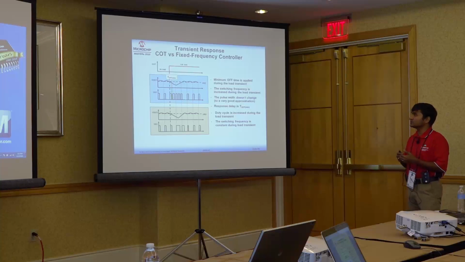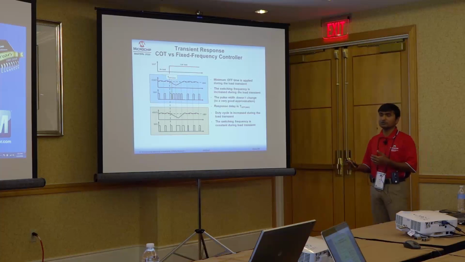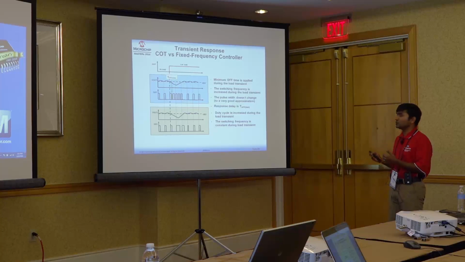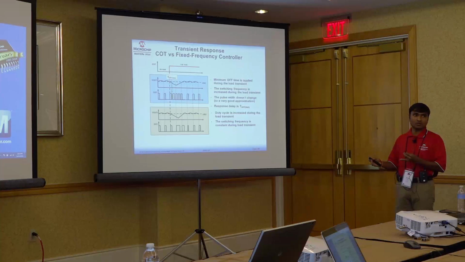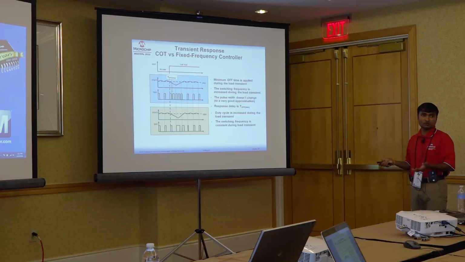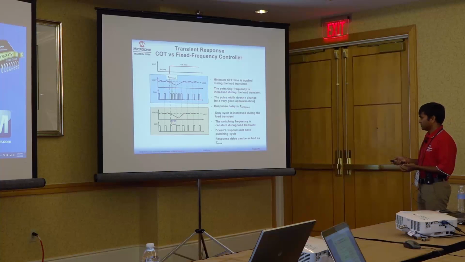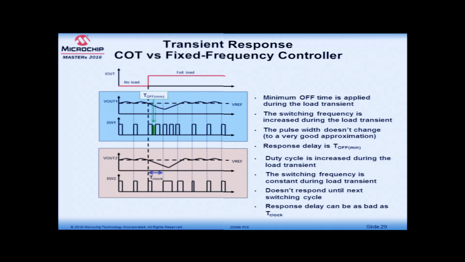Because of this, during the load transient conditions for the fixed frequency controller, only the duty cycle is increased, and it also depends on the loop crossover frequency. The switching frequency is almost constant in this case. So, the response delay can be as bad as 1 clock cycle. I mean, that is the major advantage of the COT controller for the transient response.